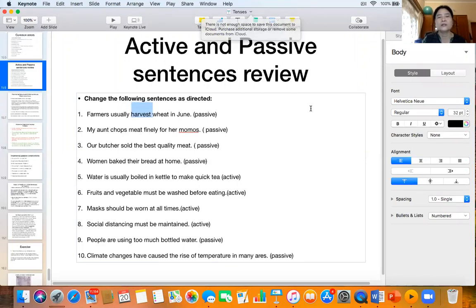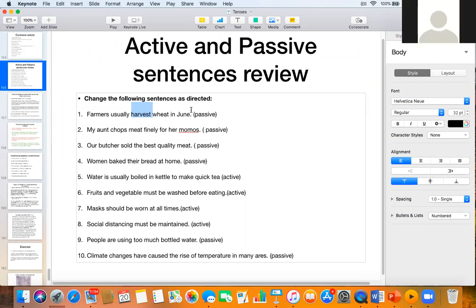All right. So please remember that if it is a regular verb, you just put an ed there. If it's an irregular verb, then you have to know how it changes. In this case, it's a regular verb, so all you have to do is just put an ed. So, wheat is usually harvested in June.